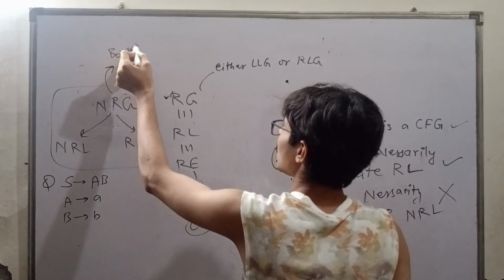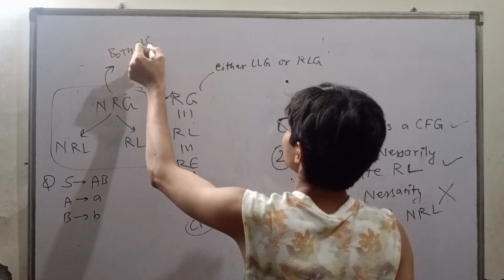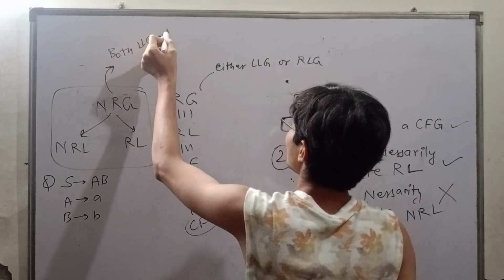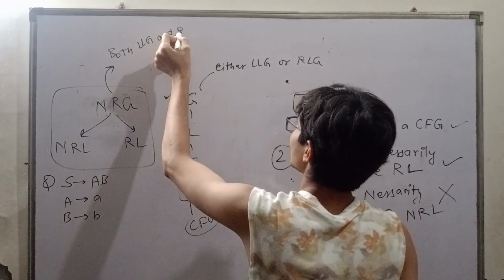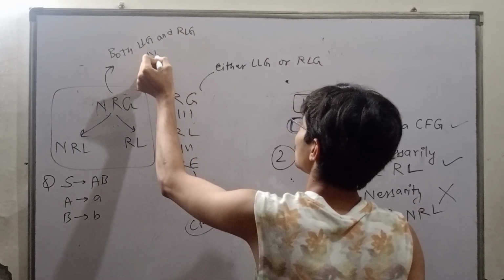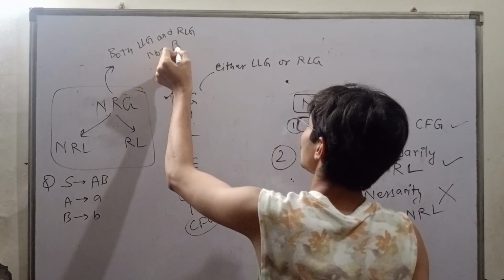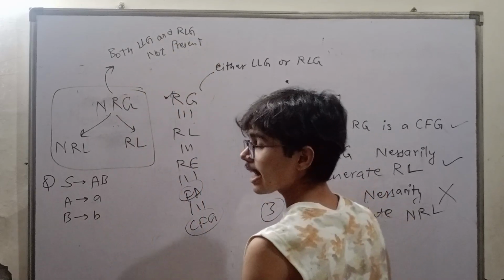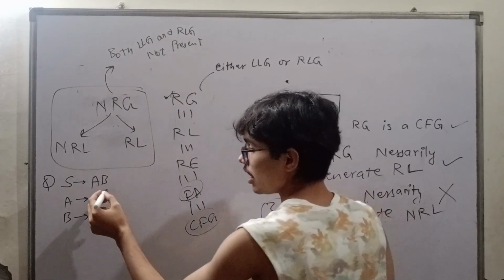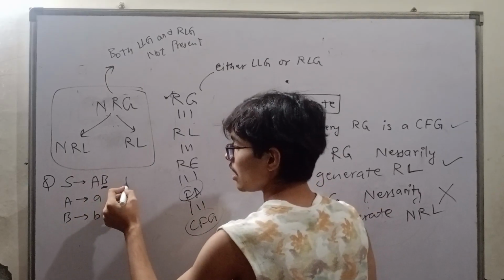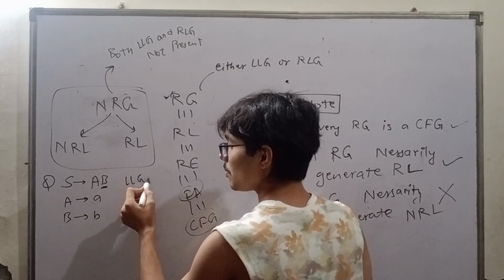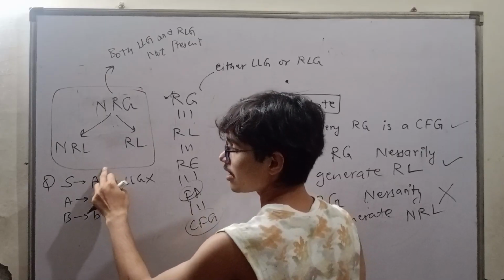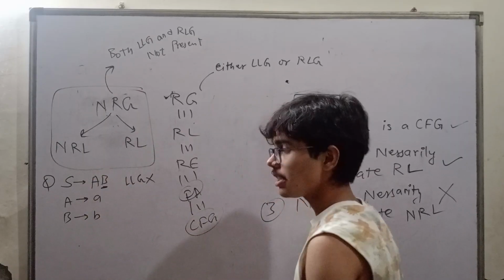Non-regular grammar: both left linear grammar and right linear grammar are not present. Okay, so here you can see this is not a left linear grammar, as on the right hand side B, a variable, is there.